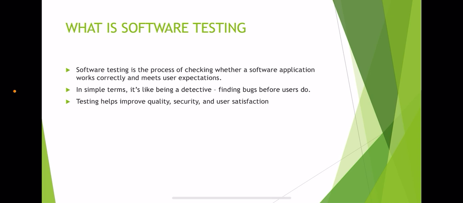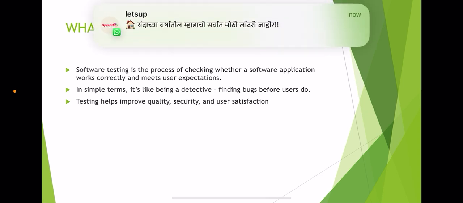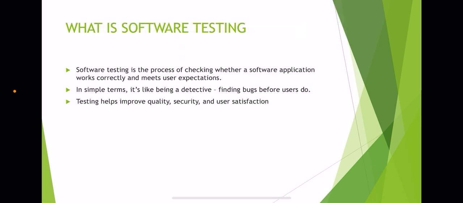So let's go with the definition. Software testing is the process of checking whether a software application works correctly and meets user expectations according to their acceptance criteria. In simple words, it's like being a detective, finding bugs before users do.